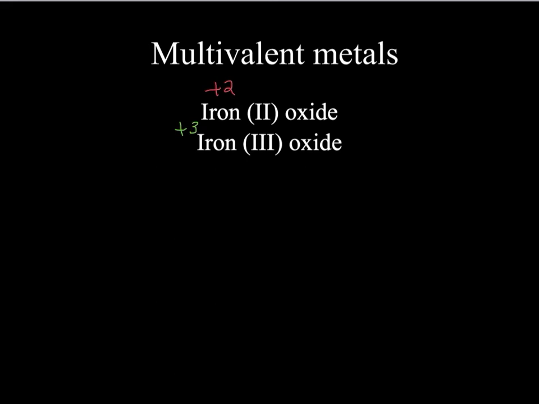So iron, for the first one, has a +2 oxidation state. My oxide for the first one has a -2 oxidation state, and therefore my formula would be FeO. So this is iron 2 oxide.